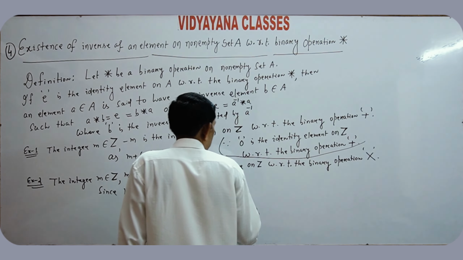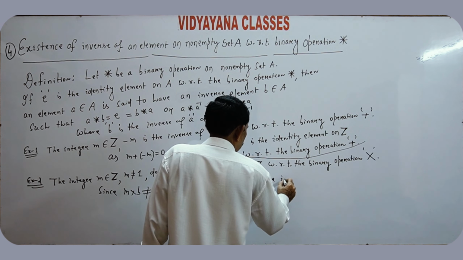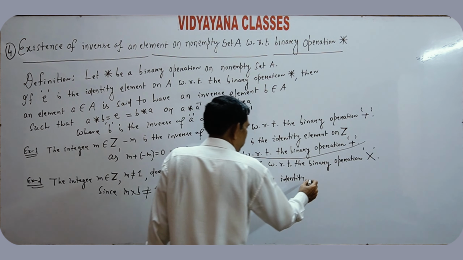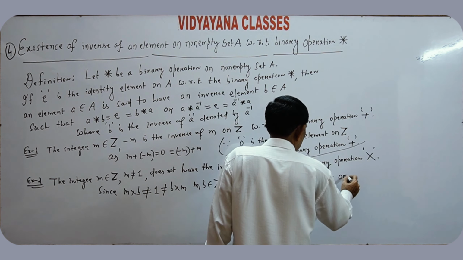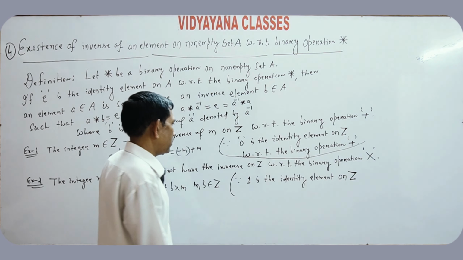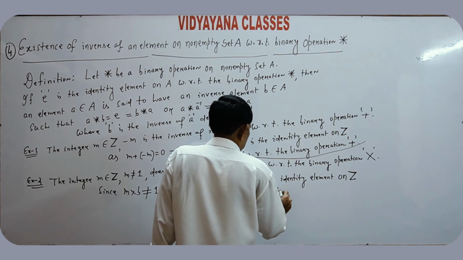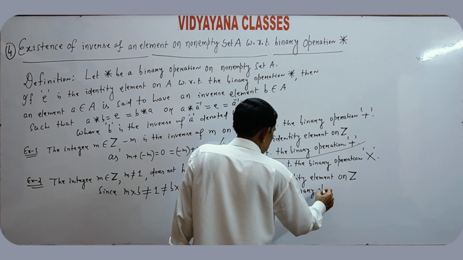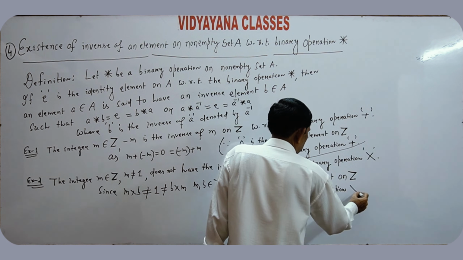Since 1 is the identity element on Z, that means set of integers, with respect to the binary operation multiplication.